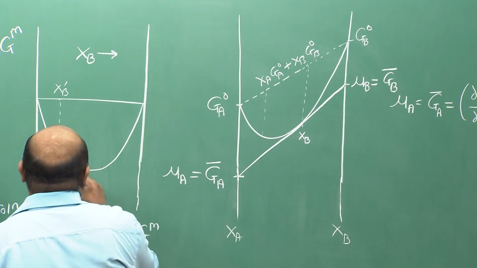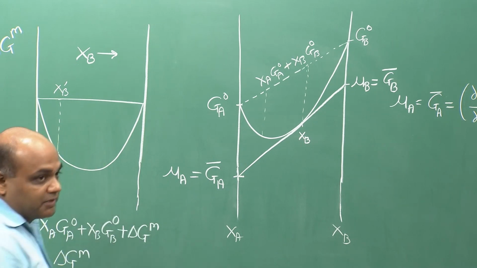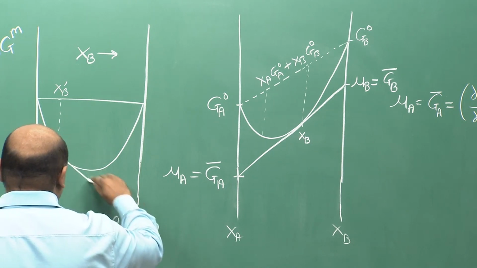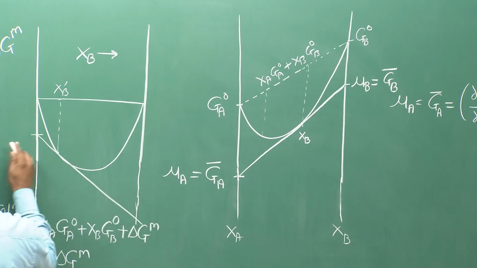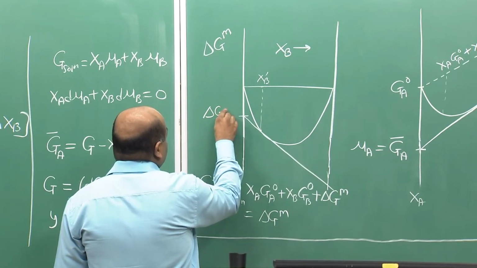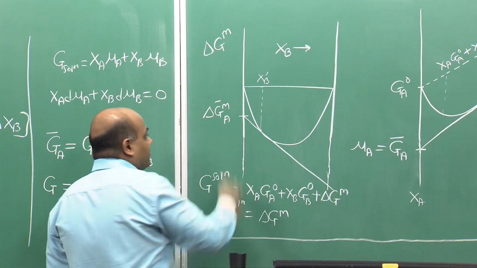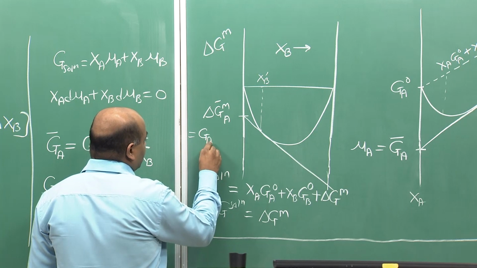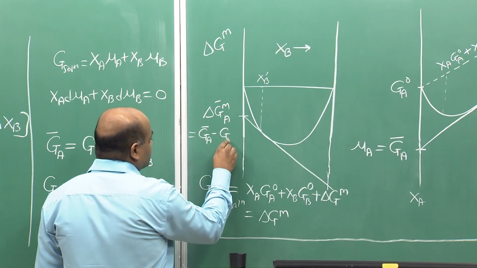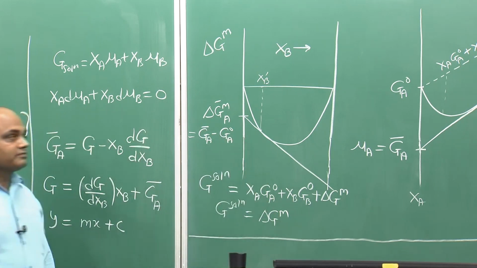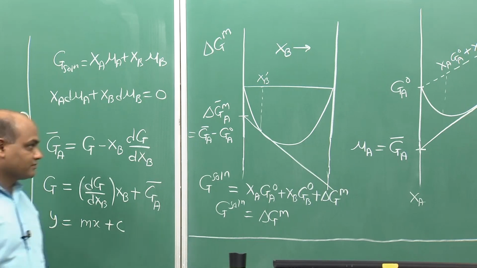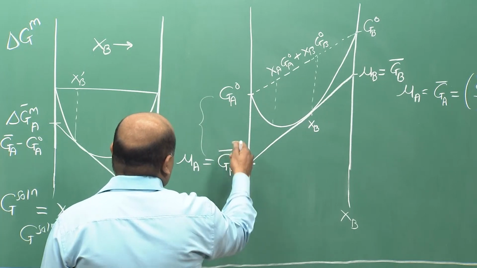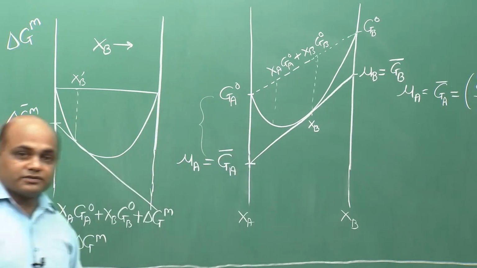So, at this composition, if we need to determine the delta GM A bar, we draw the tangent, and at the x A equal to 1 intercept, this is delta GM A bar, and it is nothing but G A bar minus G A 0. It is basically this quantity, the difference between Ga bar and Ga 0.